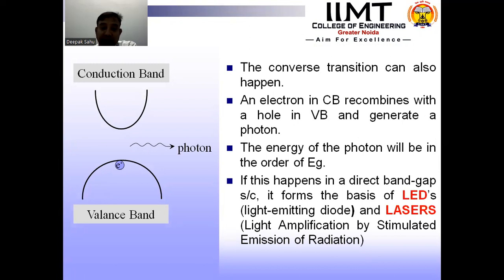While returning, if its energy is not used up, the extra energy will be released in the form of a photon, which is the primary principle for light sources like LEDs and lasers.